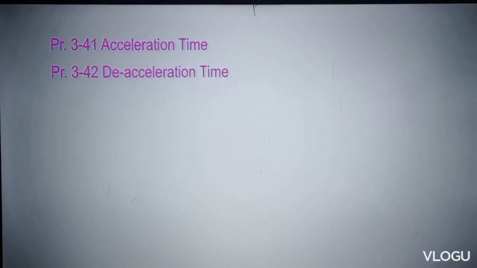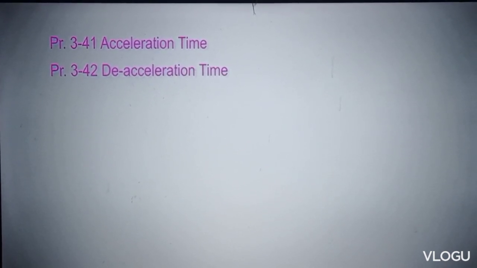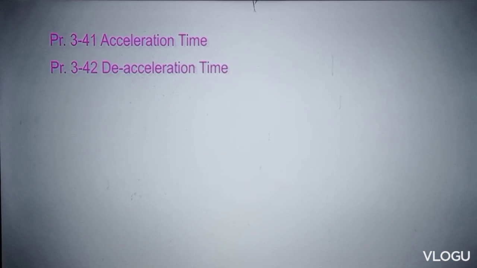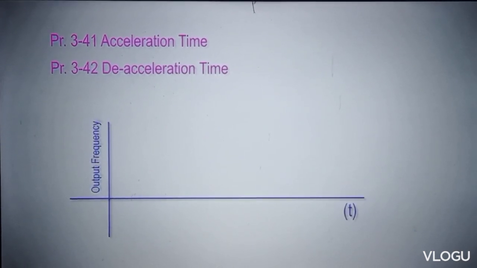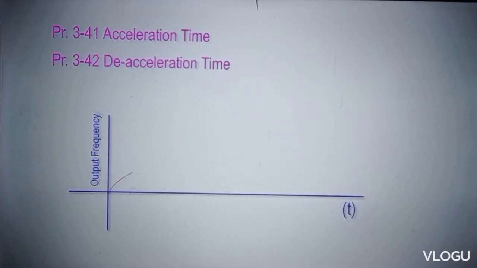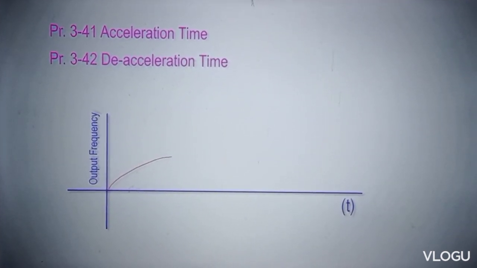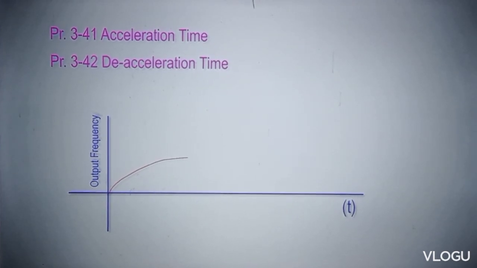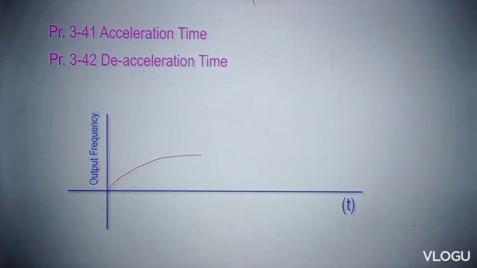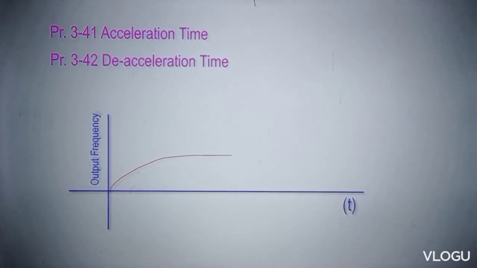In the next step, we have to set the acceleration and deceleration time for the motor in the VFD using parameters 341 and 342. Acceleration time is the time in which the motor goes from 0 RPM to its maximum RPM. It depends on how big the motor is and how much direct shaft load is connected to it.